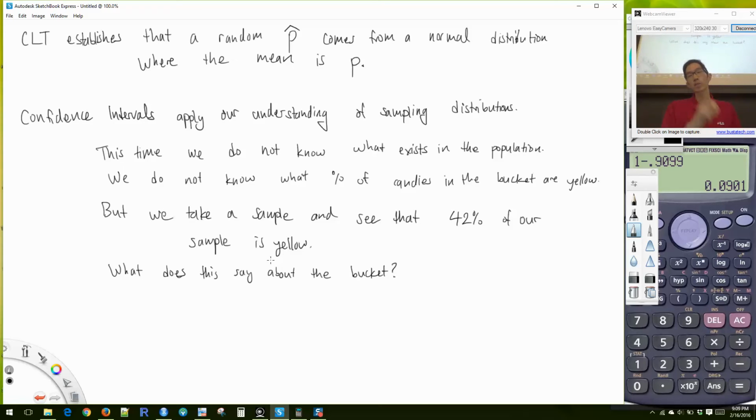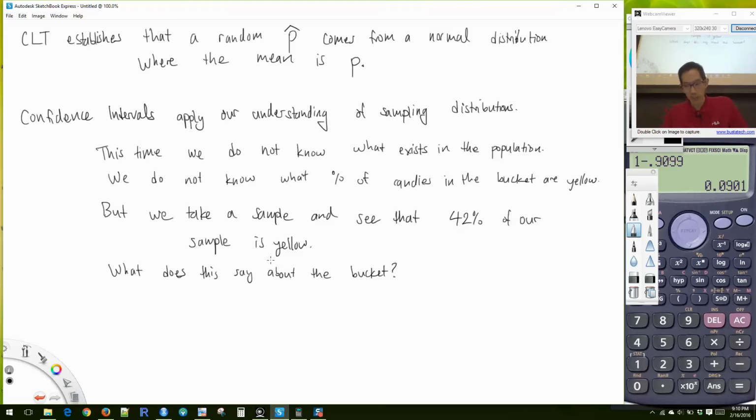So when we talk about a confidence interval, we're going to say, I'm thinking the population, the bucket, is probably around 42% yellow, give or take 5% or something like that. We give ourselves what we call the margin of error. Those polls do the same thing.